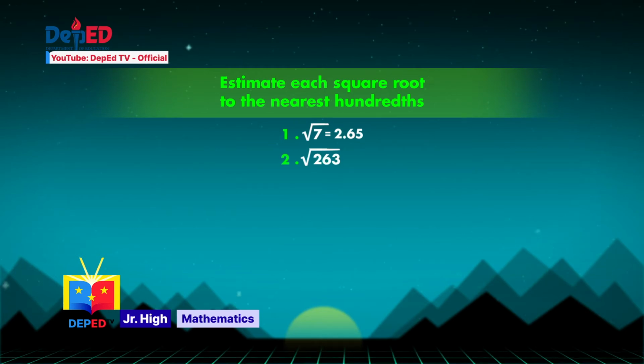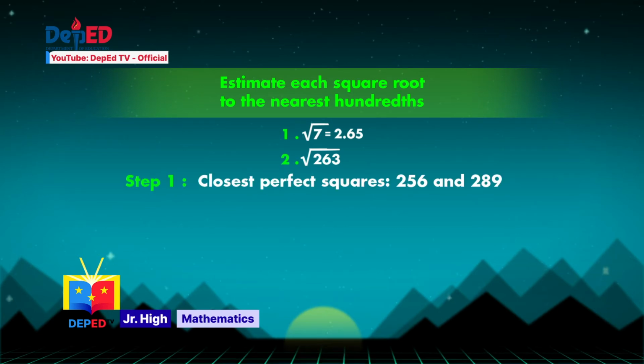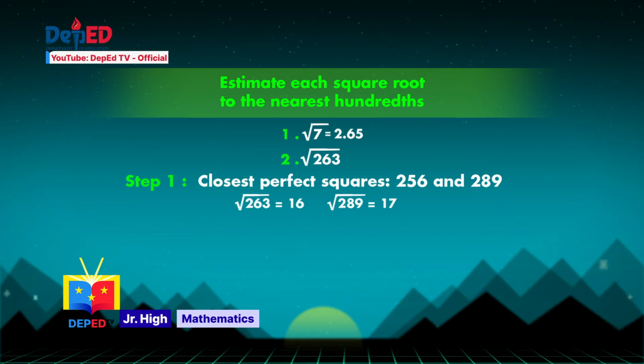Next example. Square root of 263. Step 1. The perfect squares closest to 263 are 256 and 289. The square root of 256 is 16, and the square root of 289 is 17.